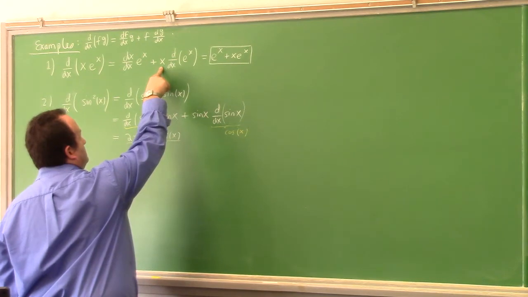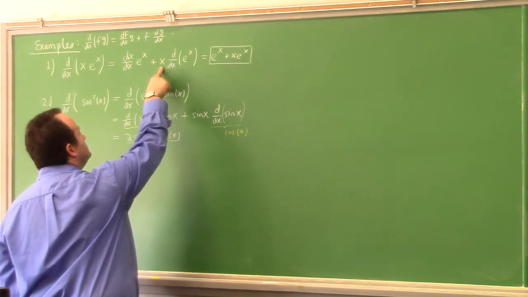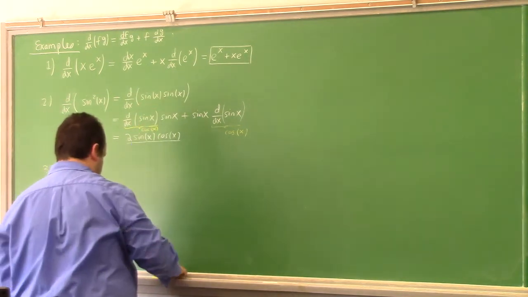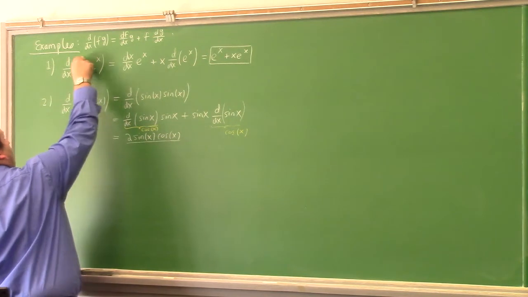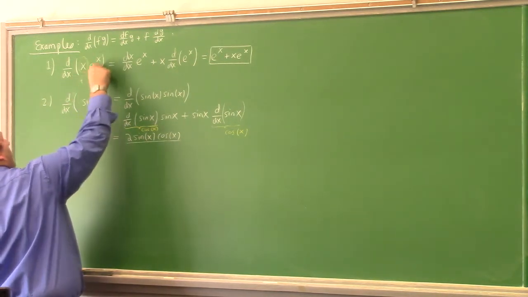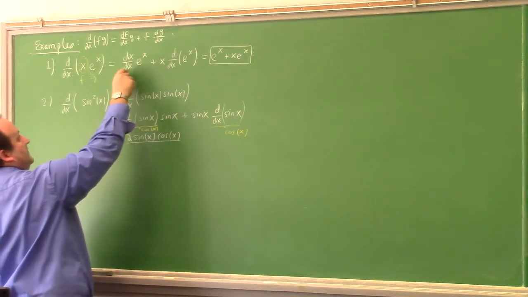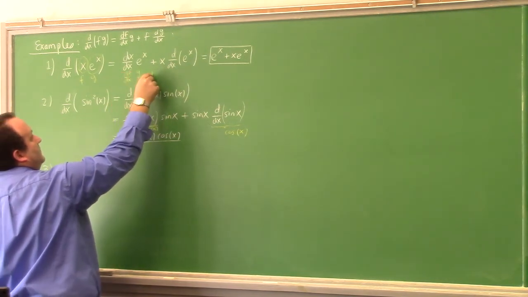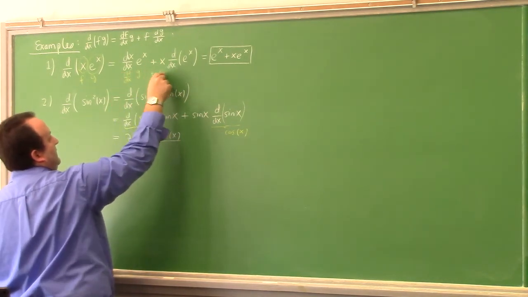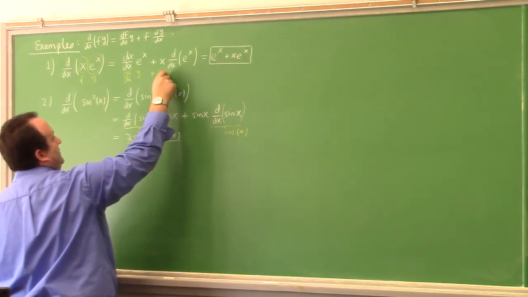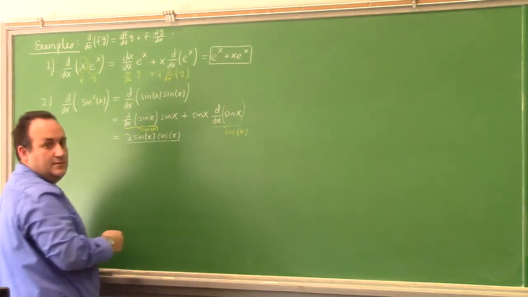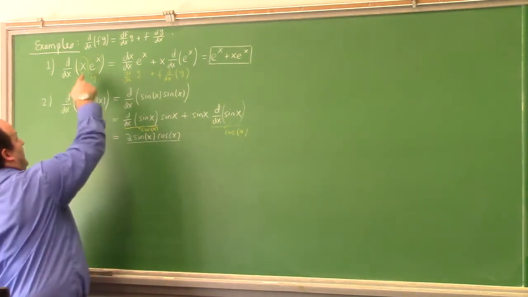Which x will it be at the product side? Oh, sure. So I'm saying this is f, and this is g. So this is df dx times g plus this is f, and then d dx of g. So it's that one.